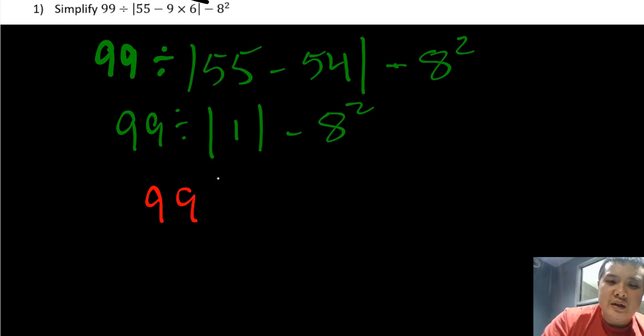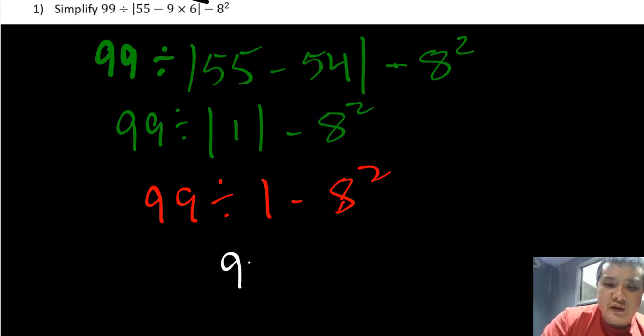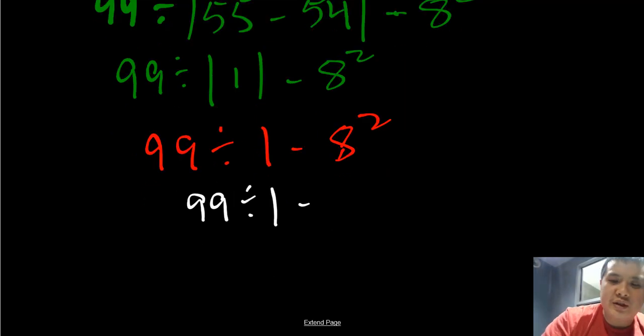So 99 divided by 1 minus 8 squared. Then we have to do 8 squared, because exponents happen before division and subtraction. So it's 64.